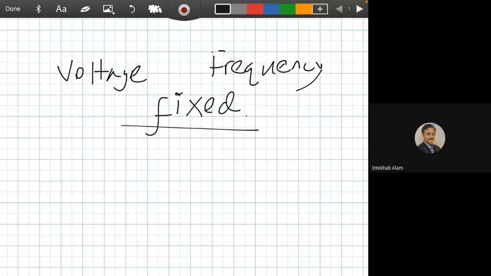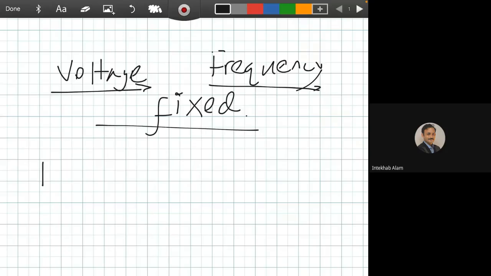Voltage and frequency both are fixed. So if you give this input to a motor, it will work as a normal running condition. You cannot expedite its characteristics.